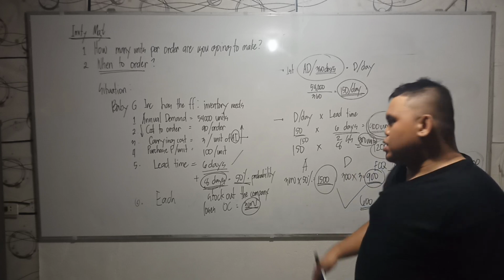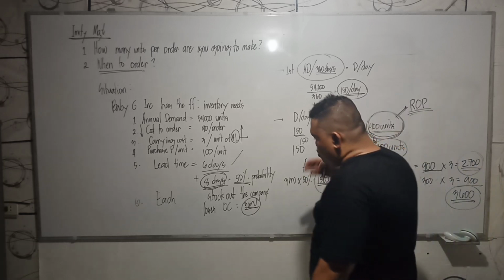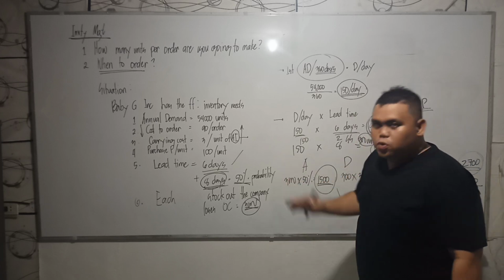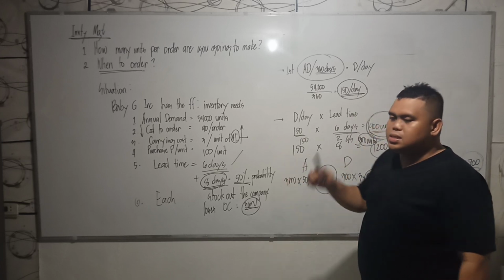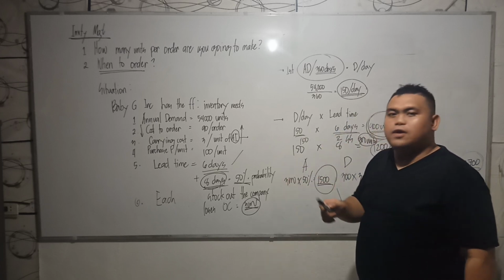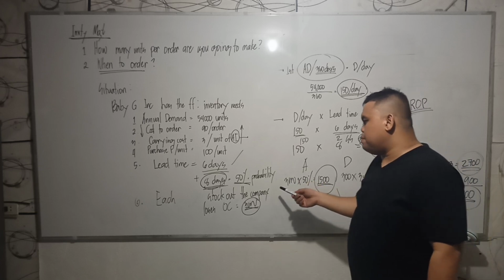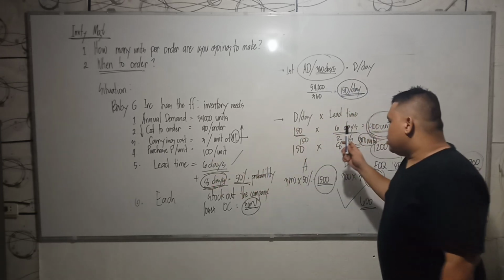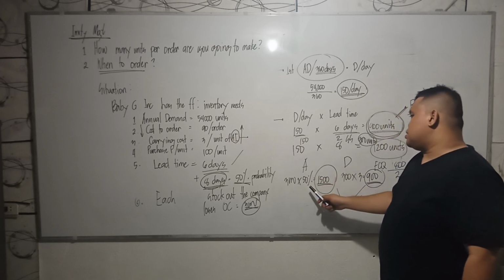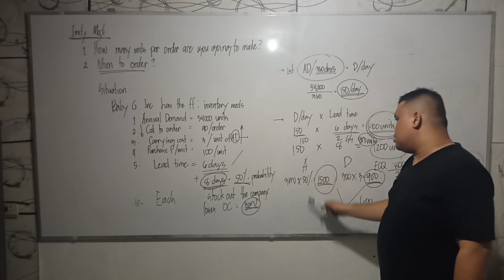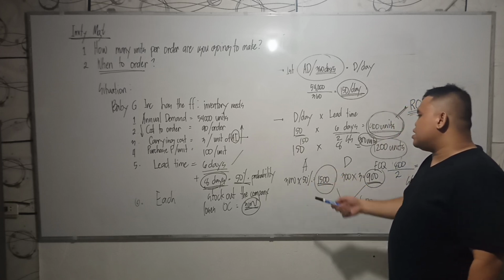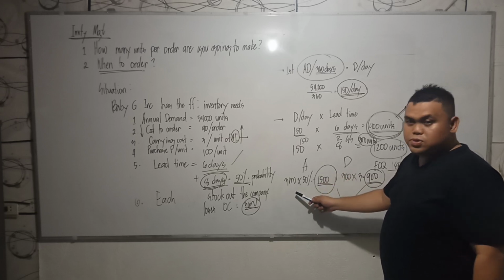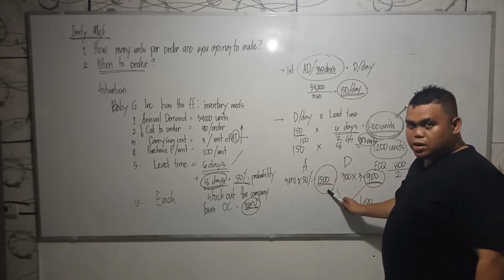Okay? So again, it is not compulsory to have a safety stock. You have to compute first. How much is the opportunity loss, if ever? And how much is the probability of that opportunity loss to happen? So, the opportunity loss times the probability of it happening, that's the advantage of having a safety stock because you're not going to suffer from the opportunity cost already.